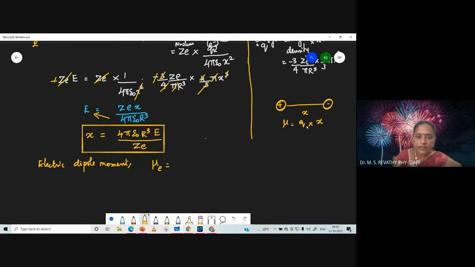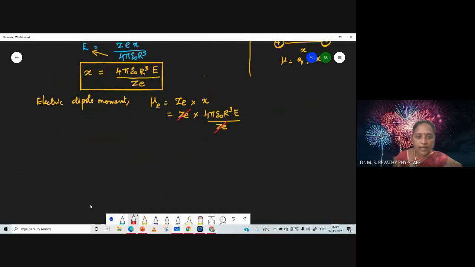Okay, here the distance is x. So here also, instead of q, you have the charge to be ZE into x. So substitute for x here. You have 4 pi epsilon naught capital R cube capital E divided by ZE. I can just strike off ZE in the numerator and ZE in the denominator.